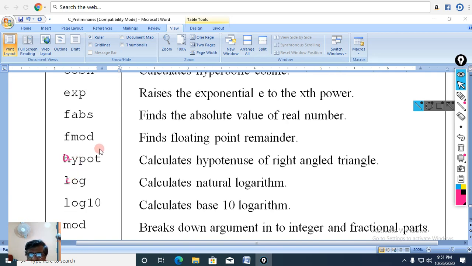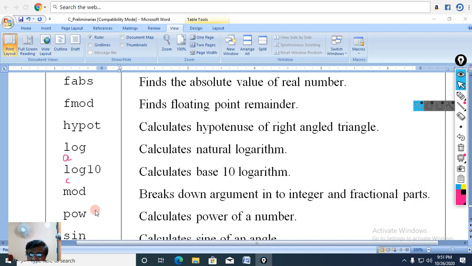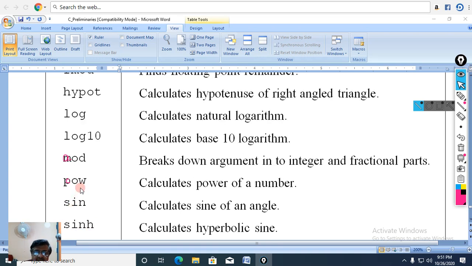Okay, fmod, floating point remainder. Okay, hypot calculates the hypotenuse of a right angle triangle. log calculates the natural logarithm. log10 calculates base 10. Okay, modf breaks down the argument into integer and fractional parts. Okay, pow calculates the power of a number.